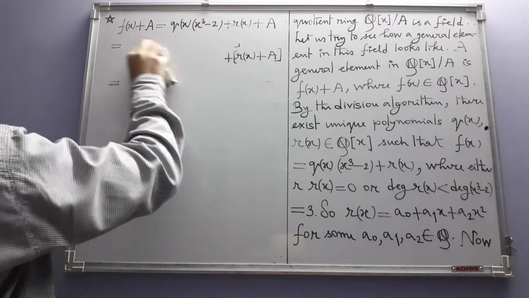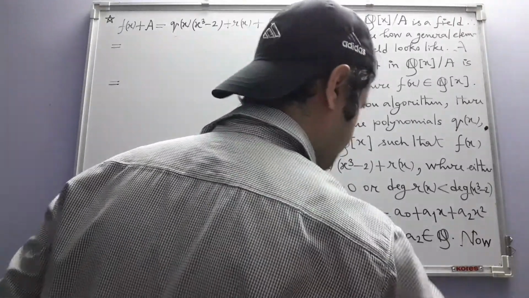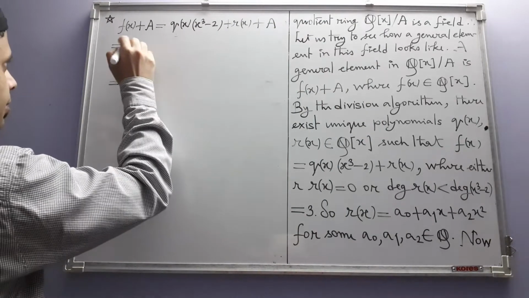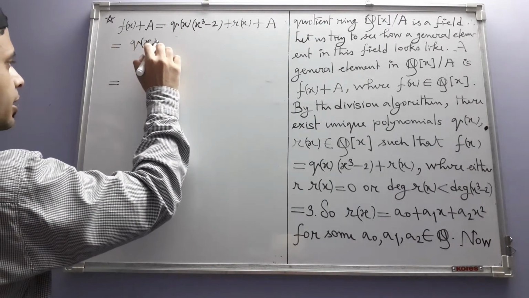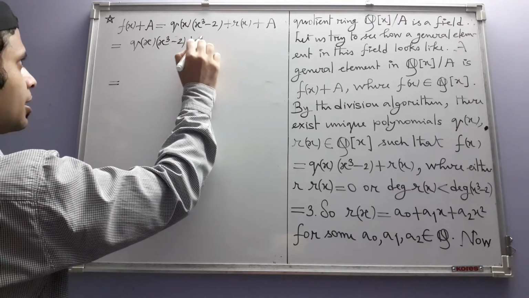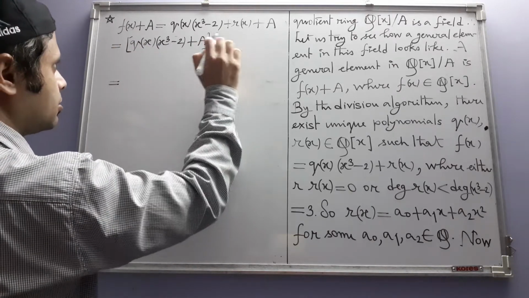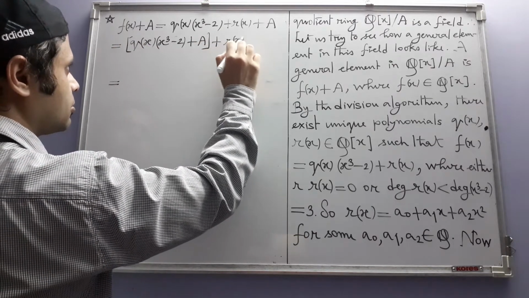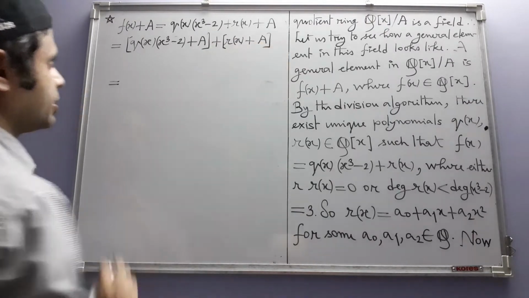Why? That will become clear now. I'm just simply going to write it like this: q(x) times (x cube minus 2) plus A. So this is one coset, plus r(x) plus A. This is another coset.